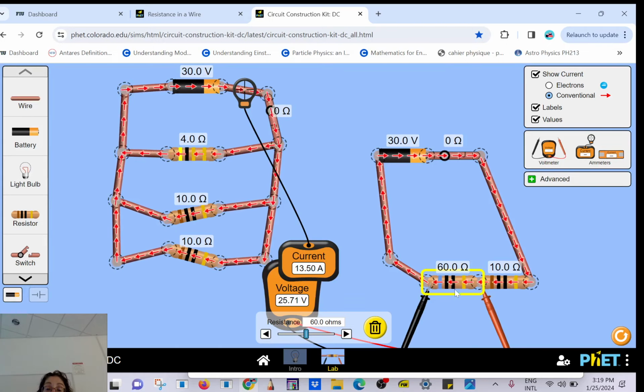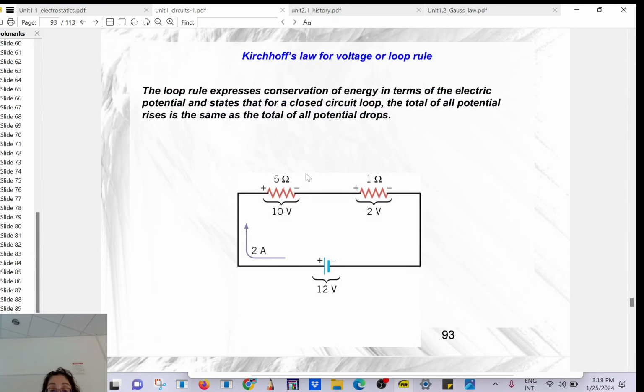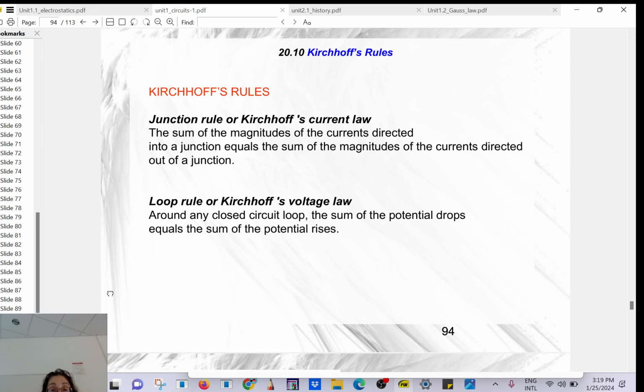In a circuit in series, it's the voltage that will add up. For example, here you have 10 volts and then 2 volts. It adds up to 12 volts. So it says Kirchhoff current law, Kirchhoff voltage law.